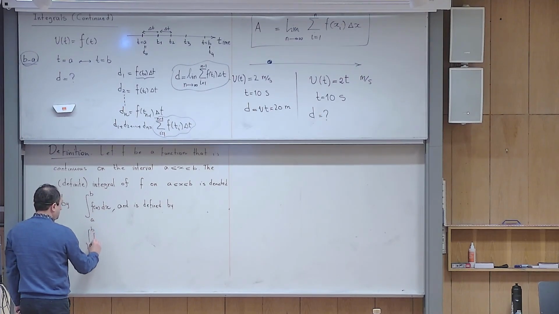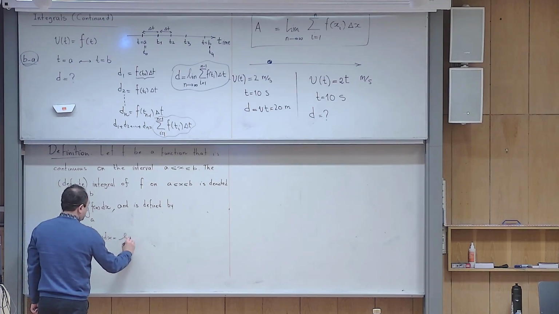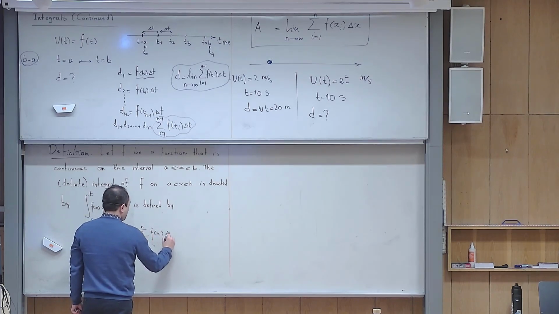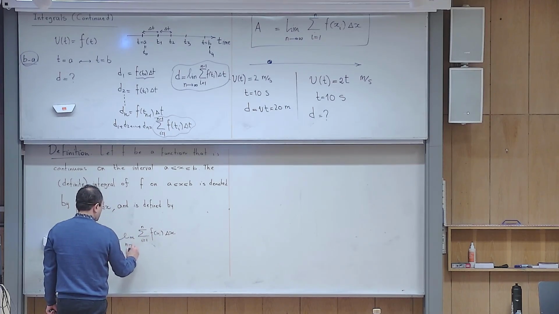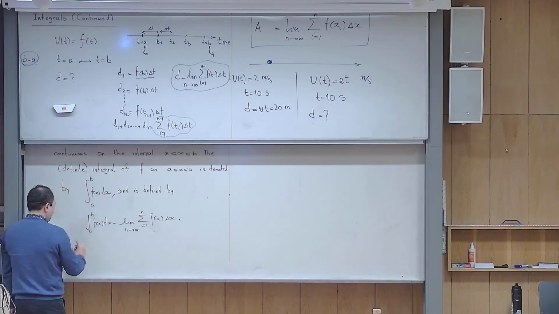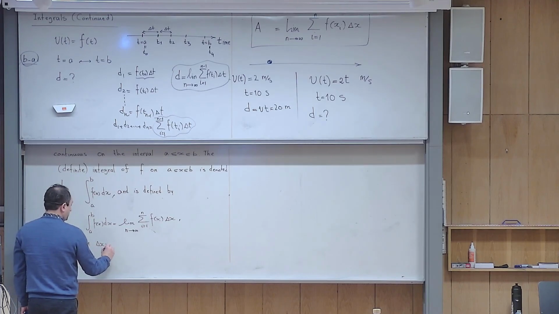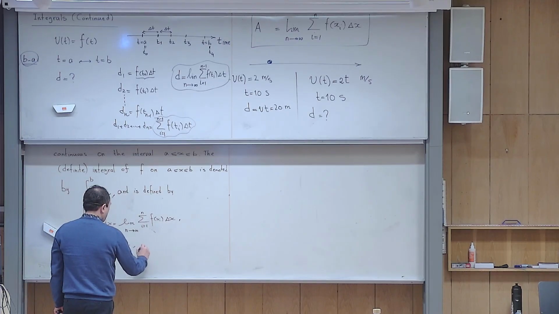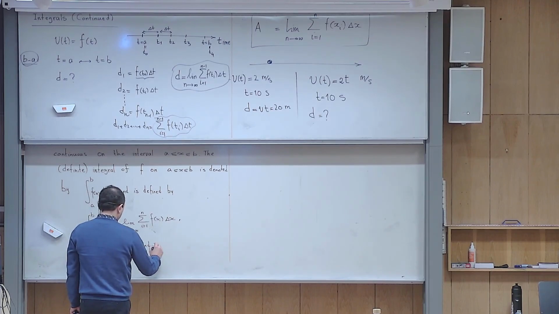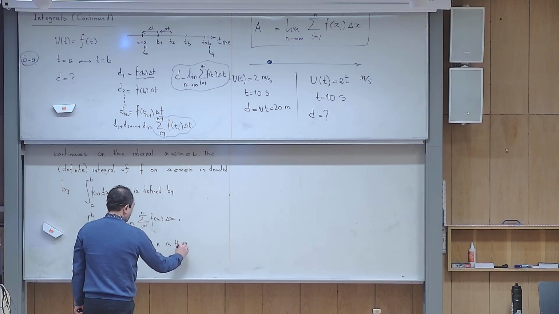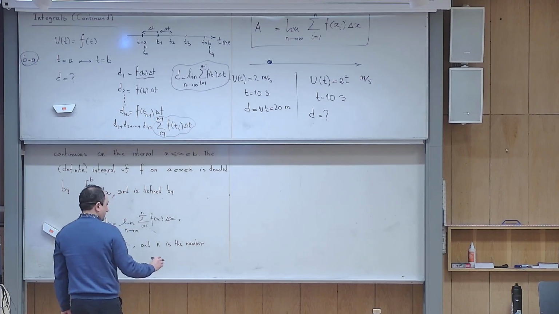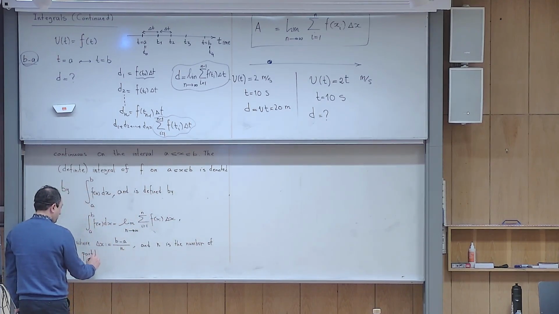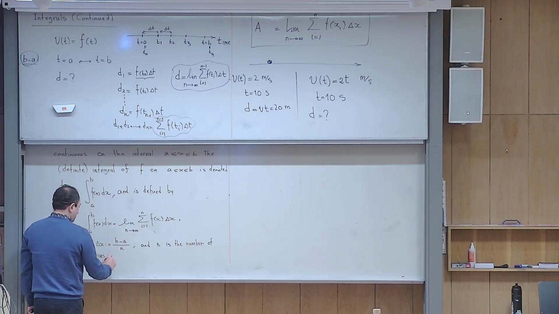So the integral from a to b of f of x dx is the limit, as n goes to infinity, of the sum, i goes from 1 to n, of f of x_i times delta x, where delta x is defined to be (b minus a) over n, and n is the number of partitions of the interval.